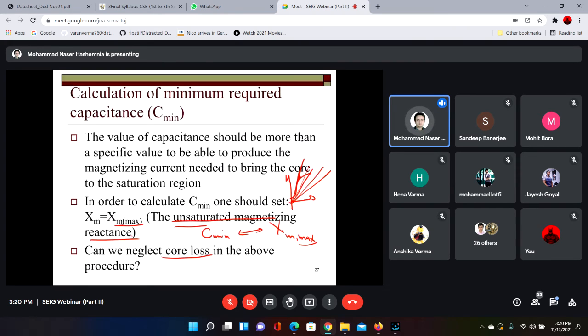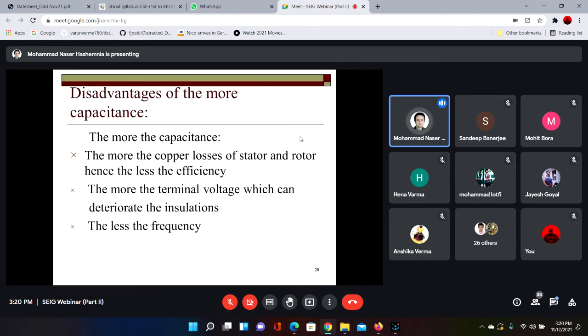Then, what are the advantages and disadvantages of a higher or lower value of capacitance? The disadvantage of a high value of capacitance is that it leads to more copper losses of stator and rotor and less efficiency. The more the capacitance, the more the terminal voltage, which can deteriorate the insulation.